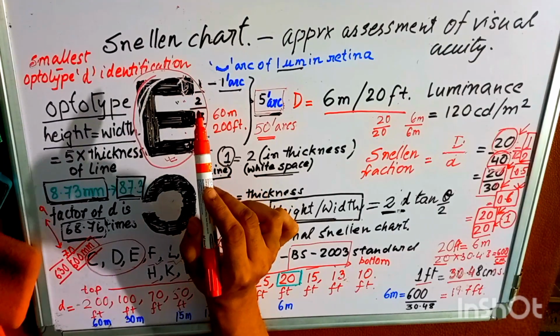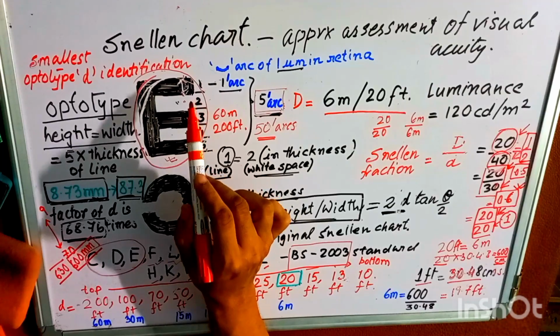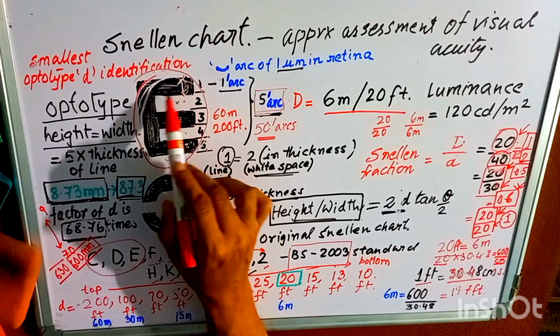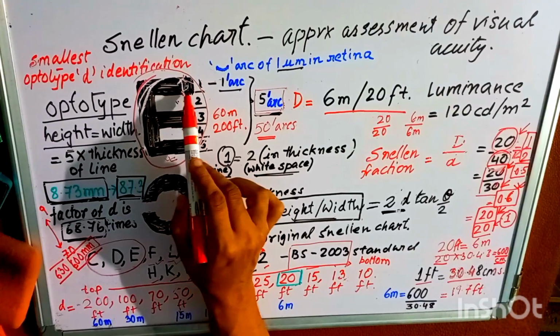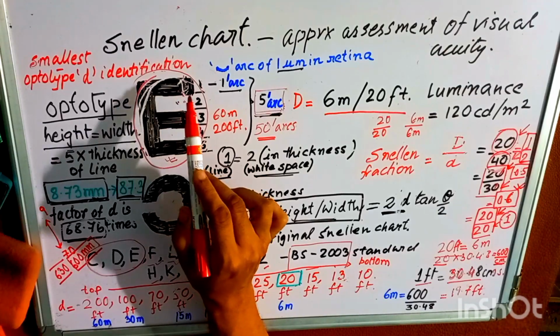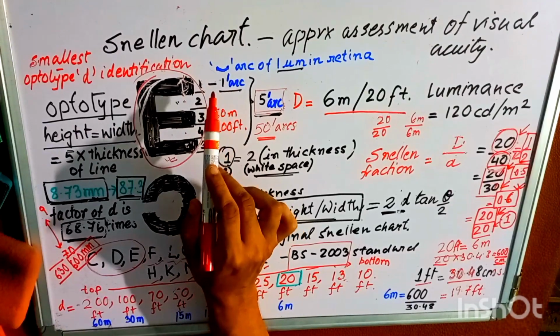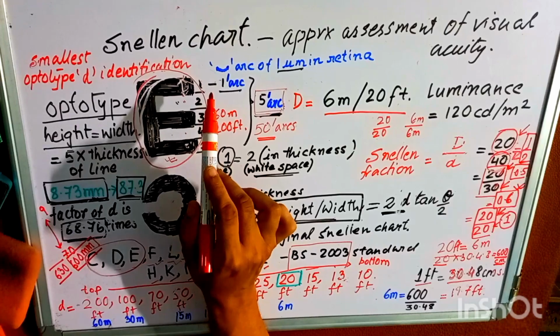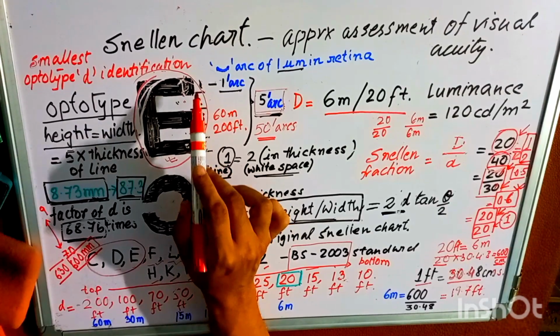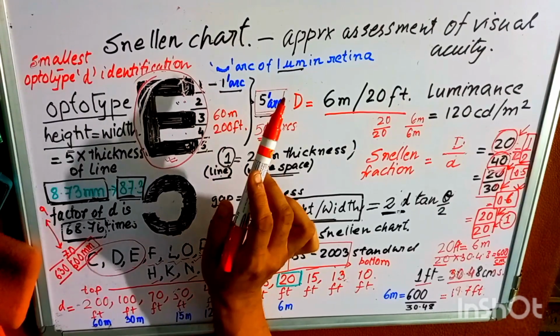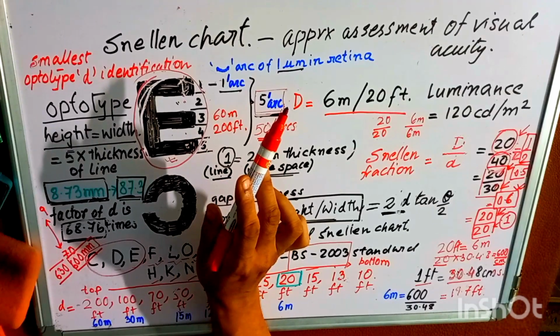So this is the minimal distance, 1 radian arc, for this character to get distinguished in the retina as a different line.